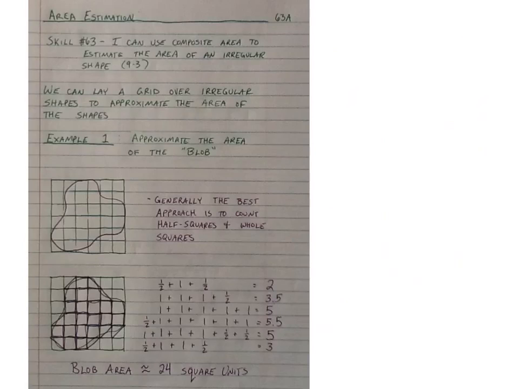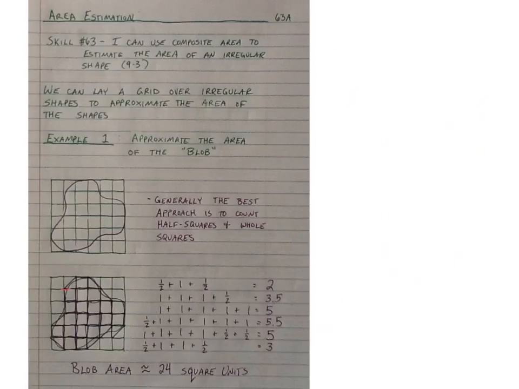This is demonstrated on the first page of our notes for skill 63, and we'll title it Area Estimation. As you see, example 1, we are approximating the area of the blob. And what I've done is I've broken it down on a grid, and we are finding the area of each space that it occupies.